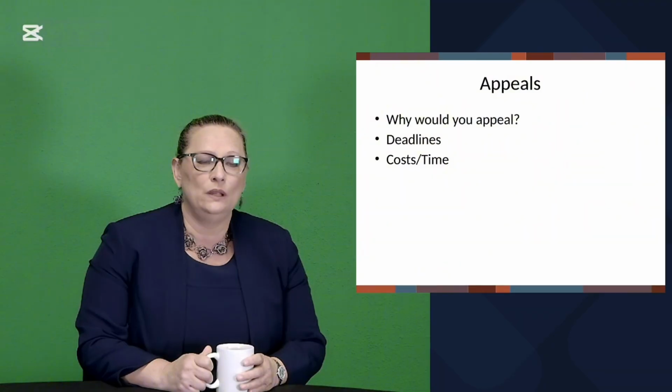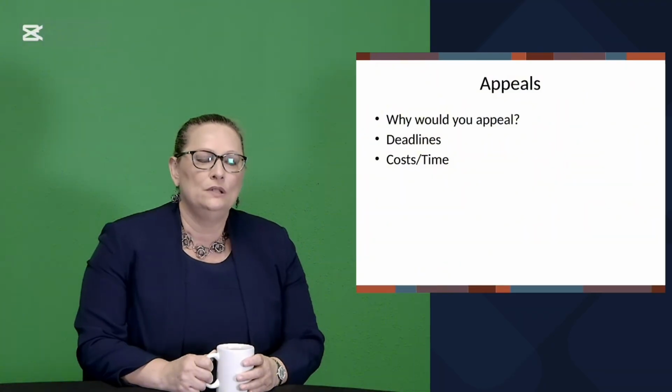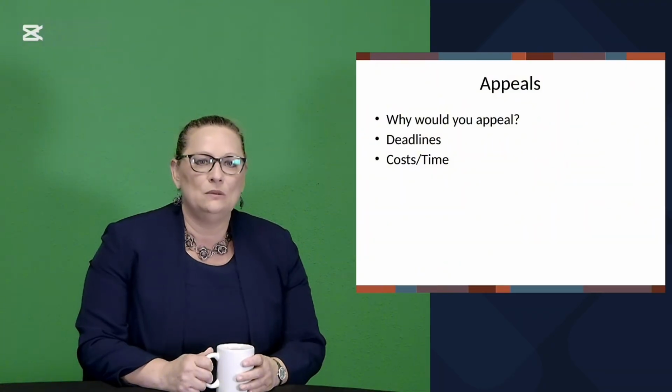So it's a very quick time period. The notice of appeal is not a big document that takes a lot of time to prepare. It's something that can be turned around relatively quickly, but it has to be filed within that 30 days. There's absolutely no flexibility in that whatsoever.